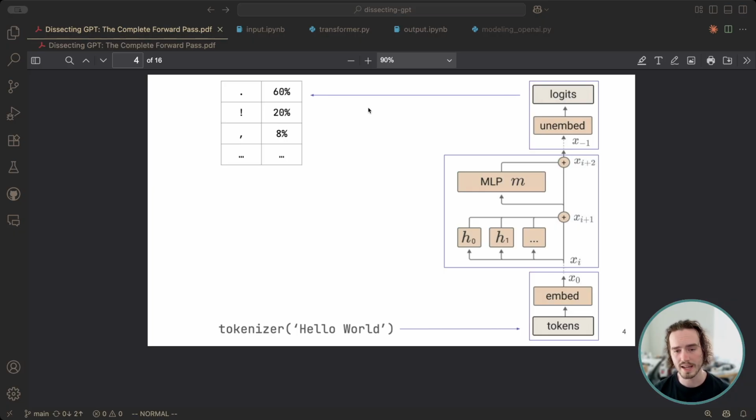Our model is actually producing a probability distribution of the next most likely token for all of the tokens that it knows. So here, "hello world," the most likely next token is probably some type of punctuation, but this would actually be as tall as the model's vocabulary size.